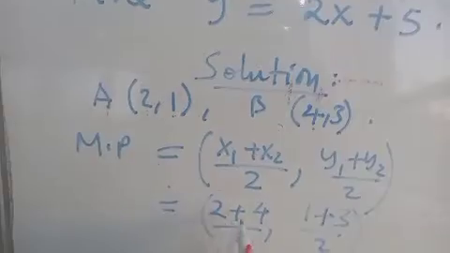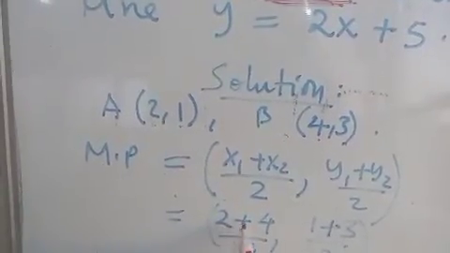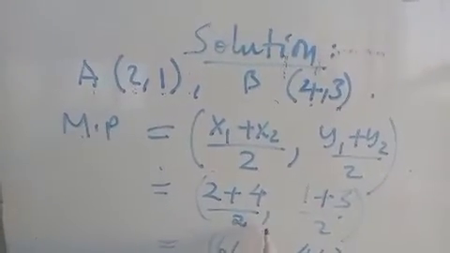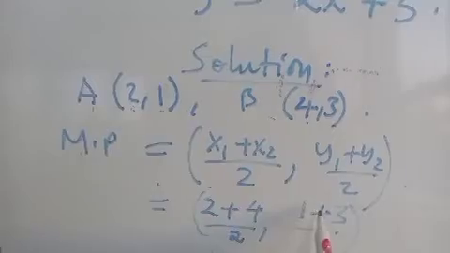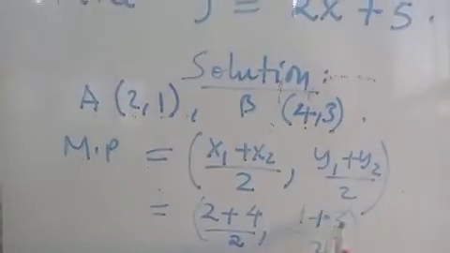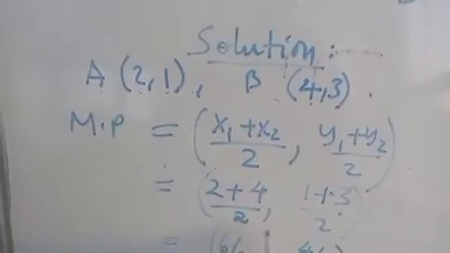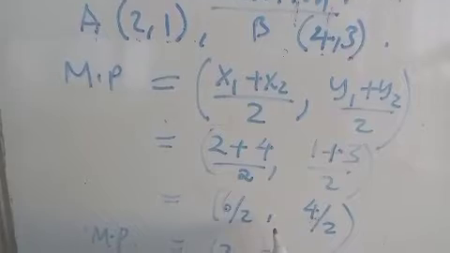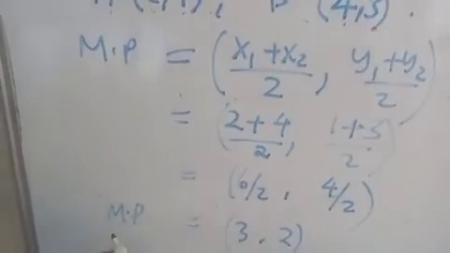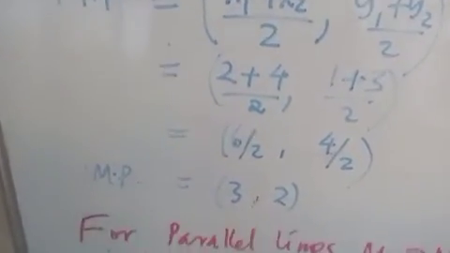So we take our values: x1 which is 2 plus x2 which is 4, divided by 2, comma, y1 which is 1 plus y2 which is 3, divided by 2. Here we get 6/2, 4/2, so the midpoint is (3, 2).